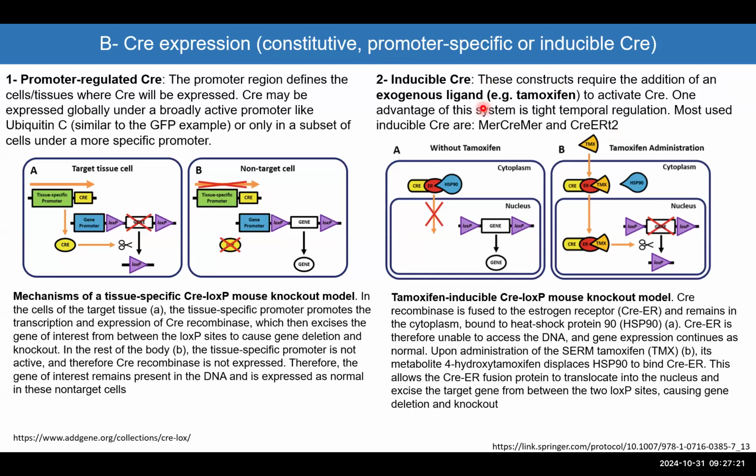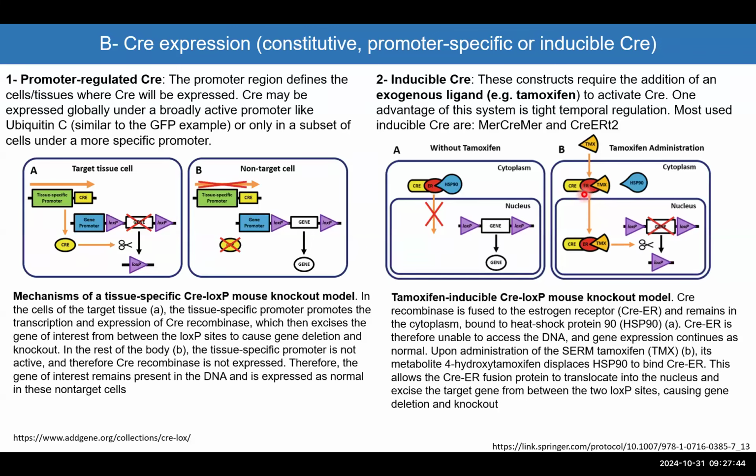How does it work? When you generate the CRE, here it's describing for you the CRE-ERT2.